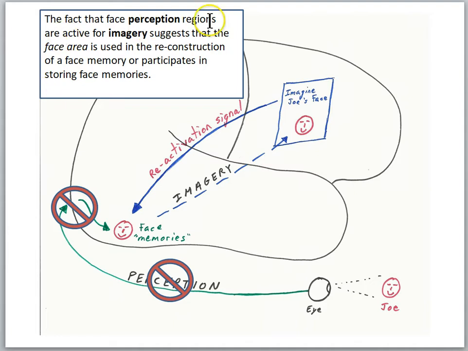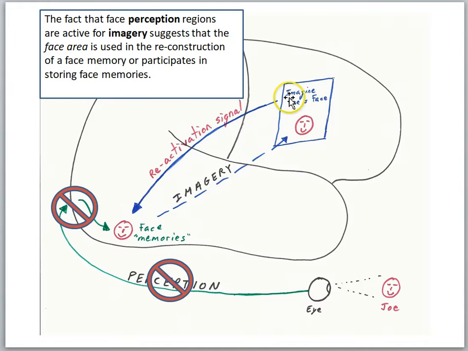So the fact that face perception regions are active for imagery suggests that the face area is used in the reconstruction of a face memory, or participates in storing face memories. Again, the idea is that during imagination, we're not using our perceptual system, so the visual cortex is not being stimulated by the outside world.